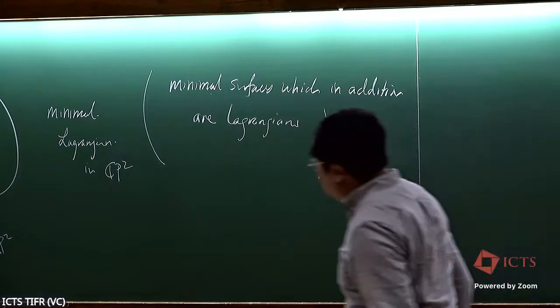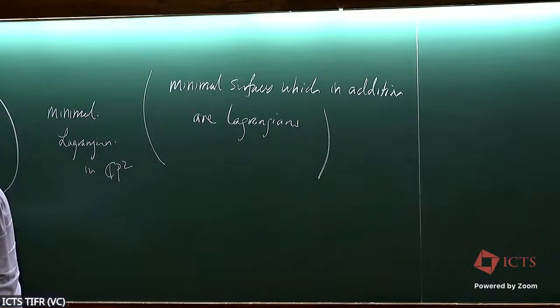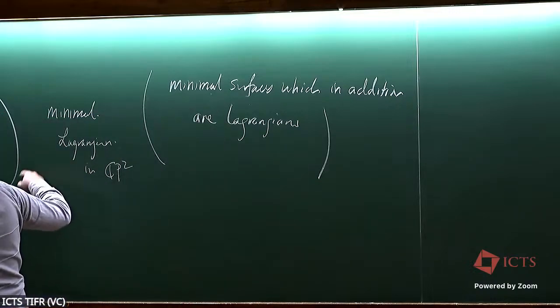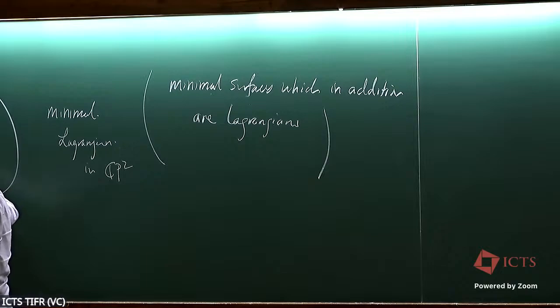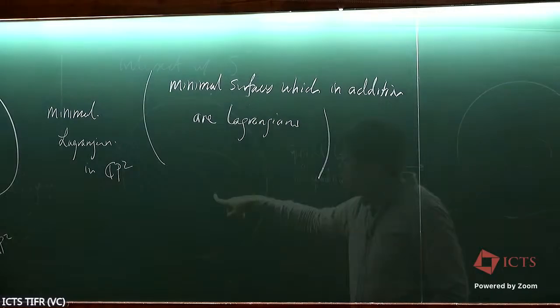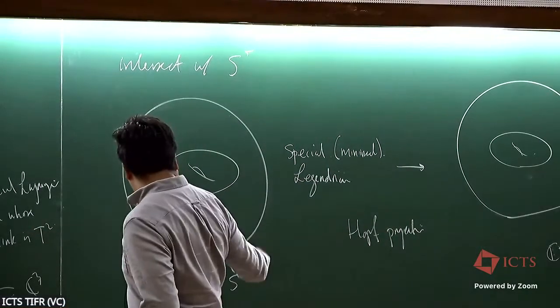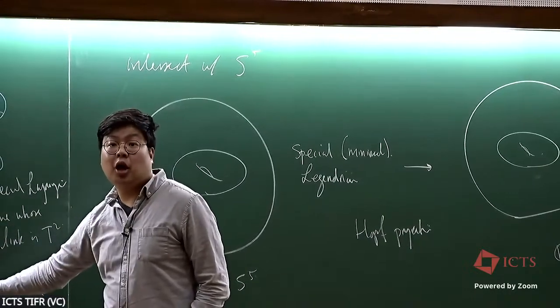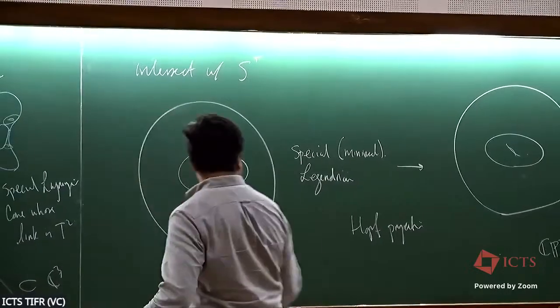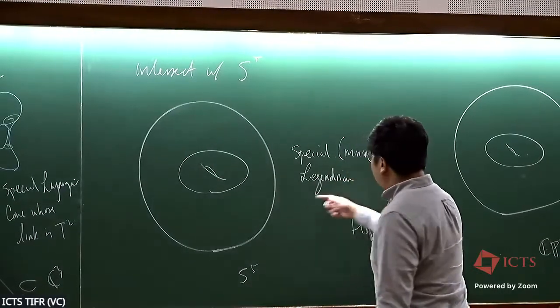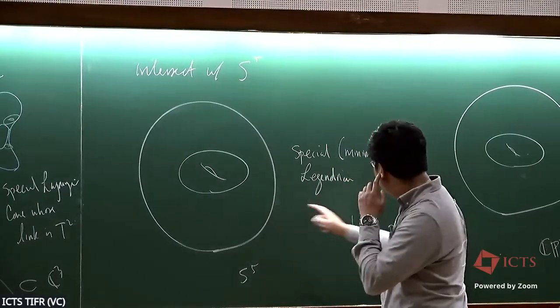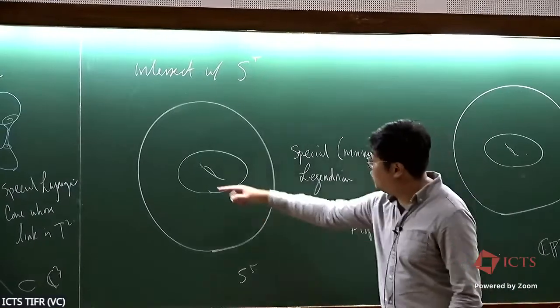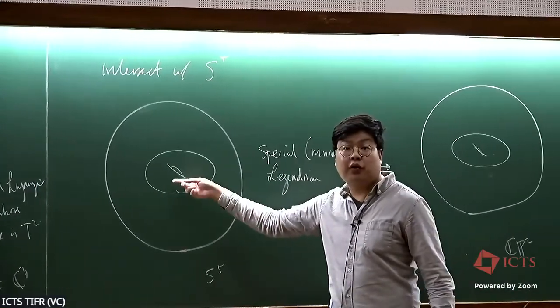So in short, it's actually possible to go backwards. If you start with a minimal Lagrangian surface in CP2, you could take a lift, and you'll land in S5, and you get a special Legendrian surface. Then you could just cone S5 to get C3, and you get your special Lagrangian cone. And there's no genus restriction here. The only thing that happens is that you might have to pass through a threefold cover of the surface to go from CP2 to S5, which of course for genus 1 doesn't matter.